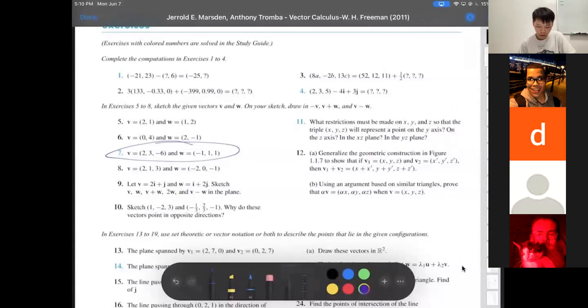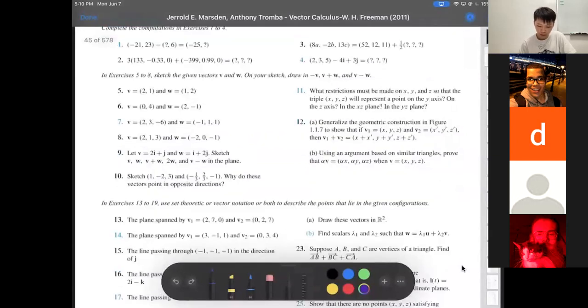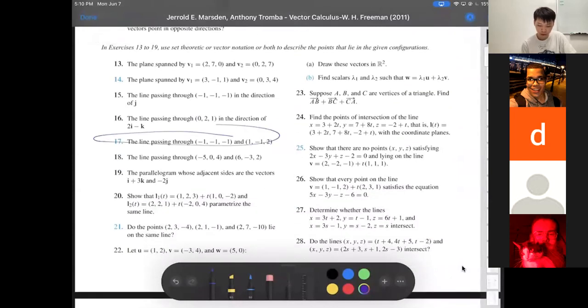This one? Or this one? I can't see it, I can only see your screen. Sorry, I thought I was still sharing the screen. I think it's this one, right? 17? 17. Yes. All right.